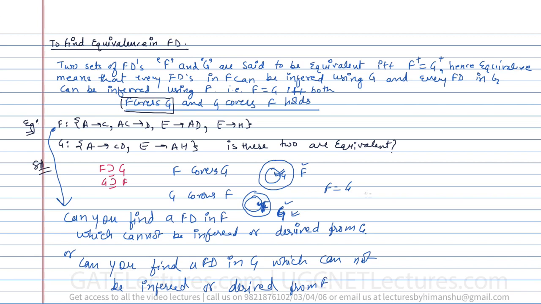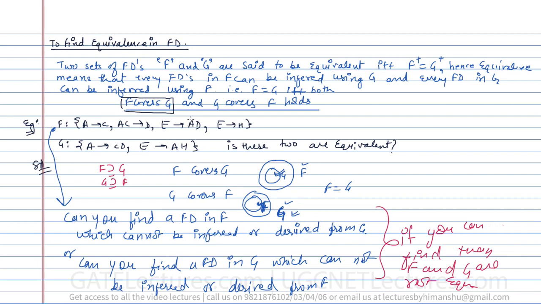If you can find one, then F and G are not equivalent. But if you cannot find one, then you can say F and G are equivalent.